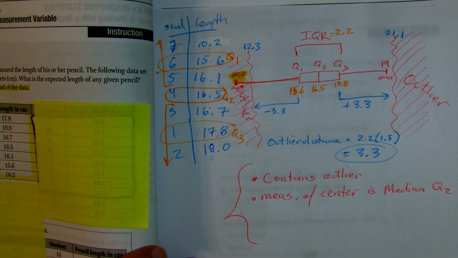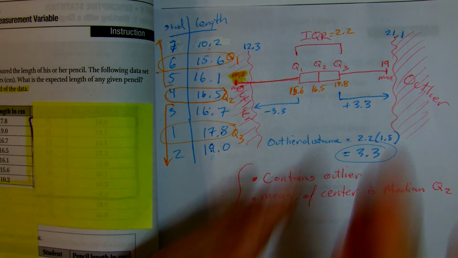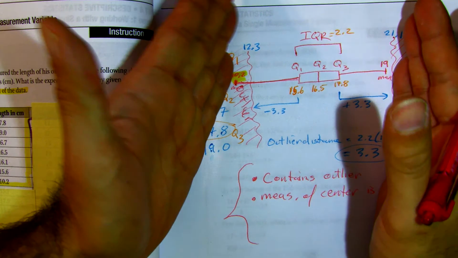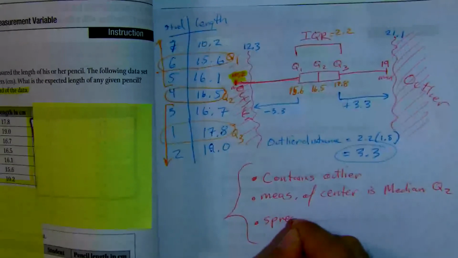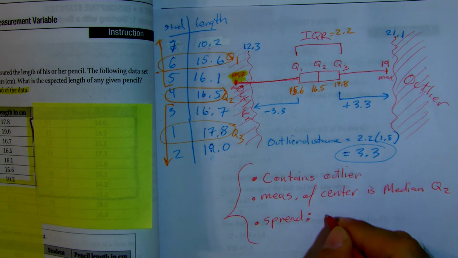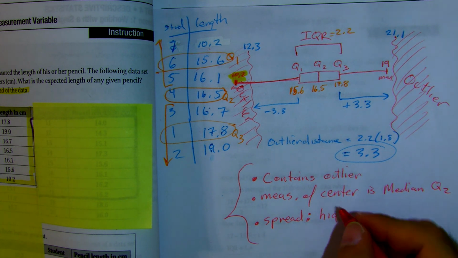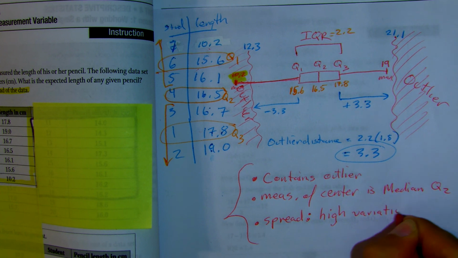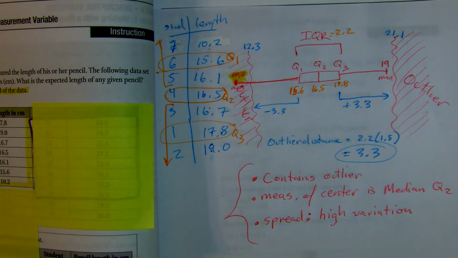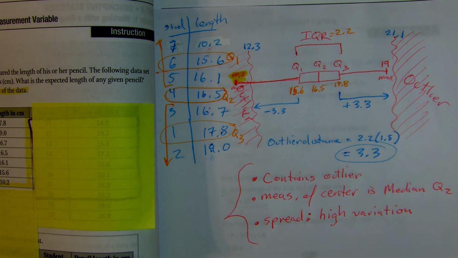The other thing that we'll say is, as far as the spread of the data, because it's spread out so far and we have an outlier, I would just write spread: there's high variability or high variation. Variation, remember, is just how many different types of data points there are.